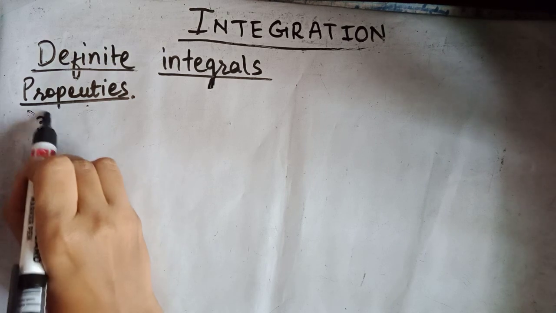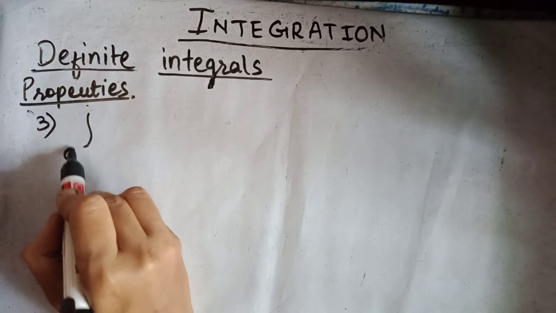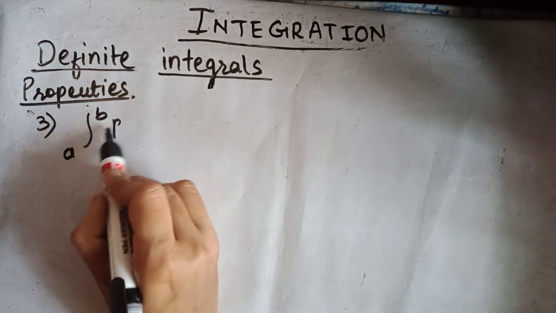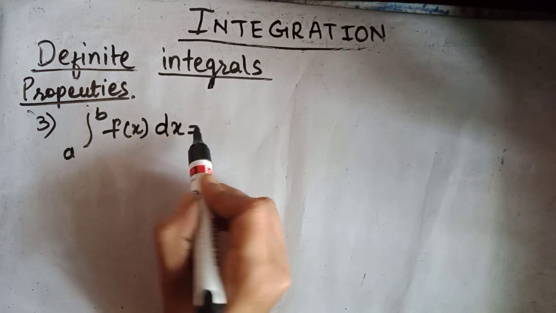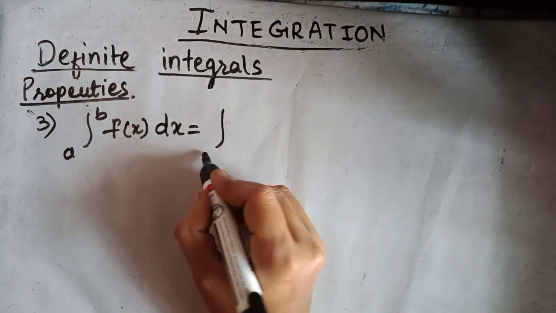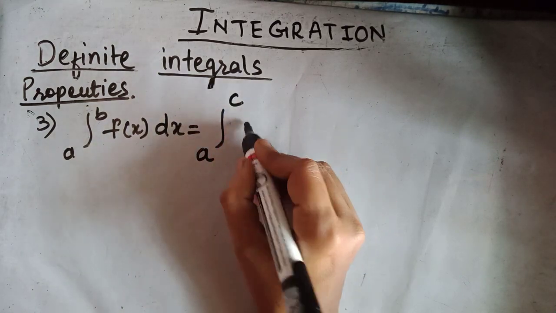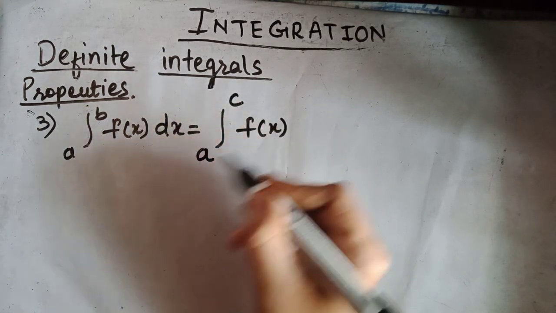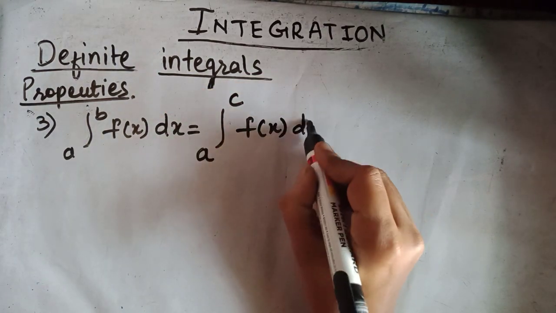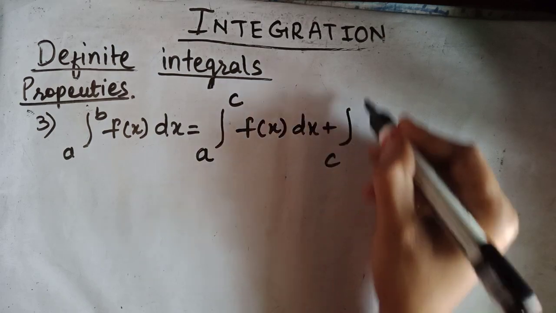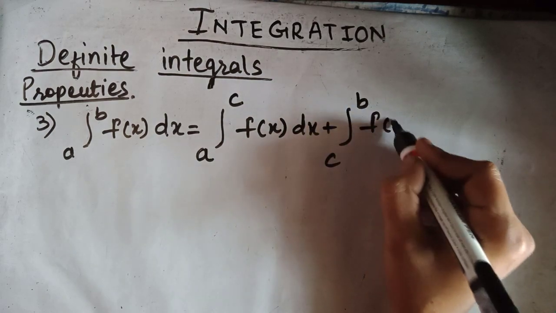The third property is the integral from a to b of f of x dx. You can split the limits, that is from a to c, where c is a number between a and b, and from c to b.